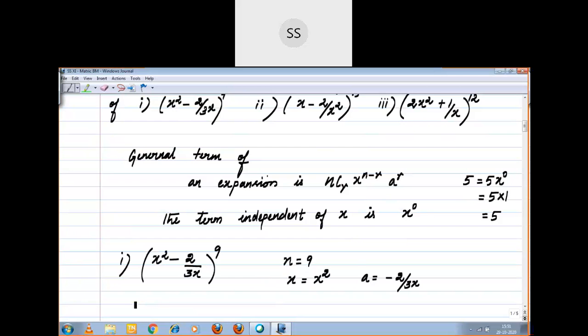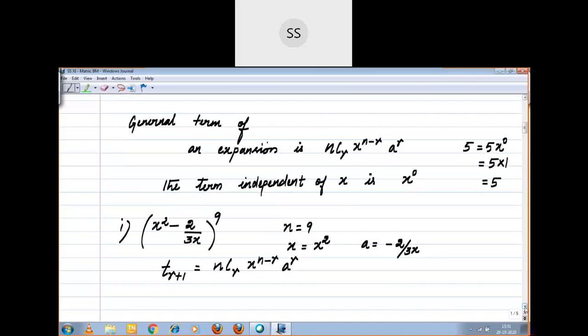Now the general term, T(r+1) equals nCr x^(n−r) a^r.